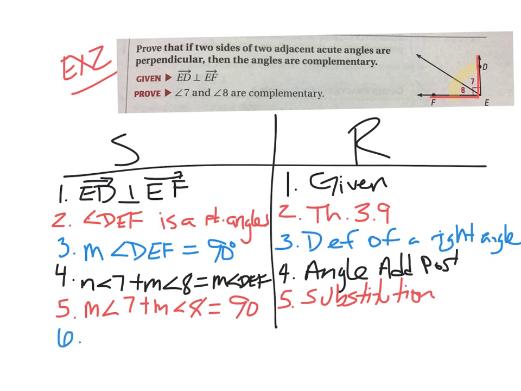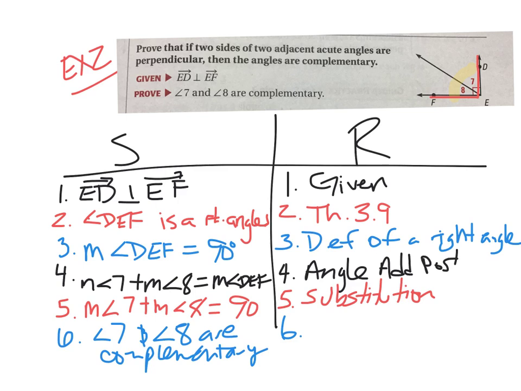And that leads us to what we want to prove, which is that angle 7 and angle 8 are complementary. Terrible handwriting. And that's the definition of complementary angles, because they add up to 90.